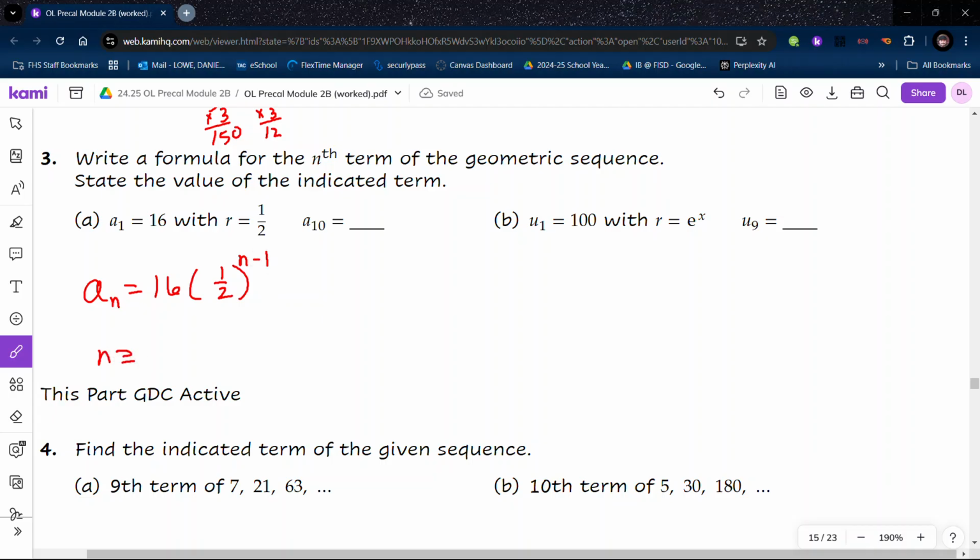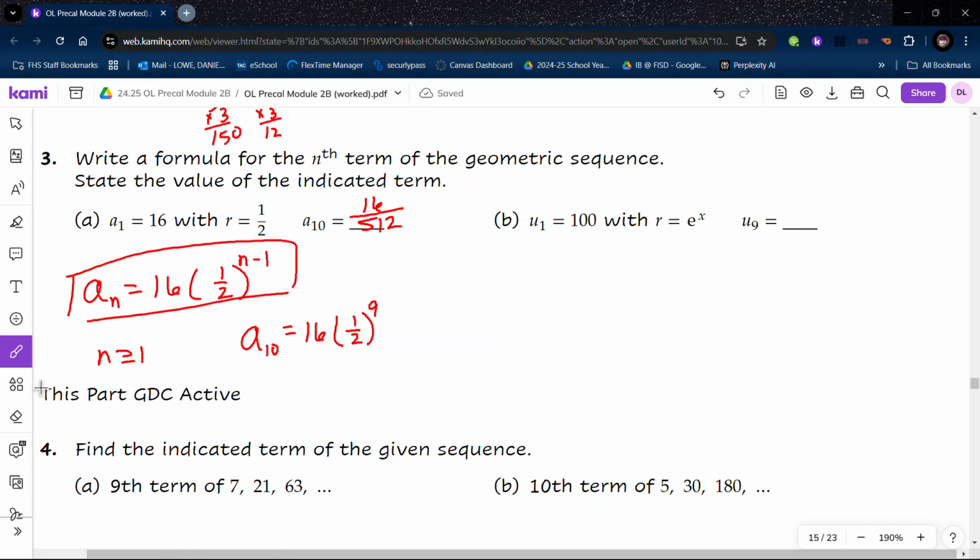Well, because if we start our counter at n equals 1, I need that first term to be 16. So that means that the 10th term has to be 16 times 1/2 to the 9th power. And so that's going to be 16 over 512. I do not need to simplify.